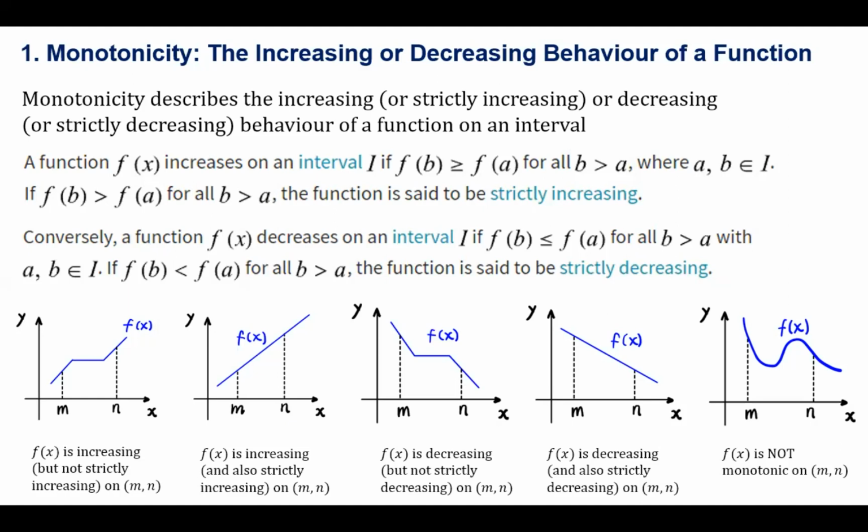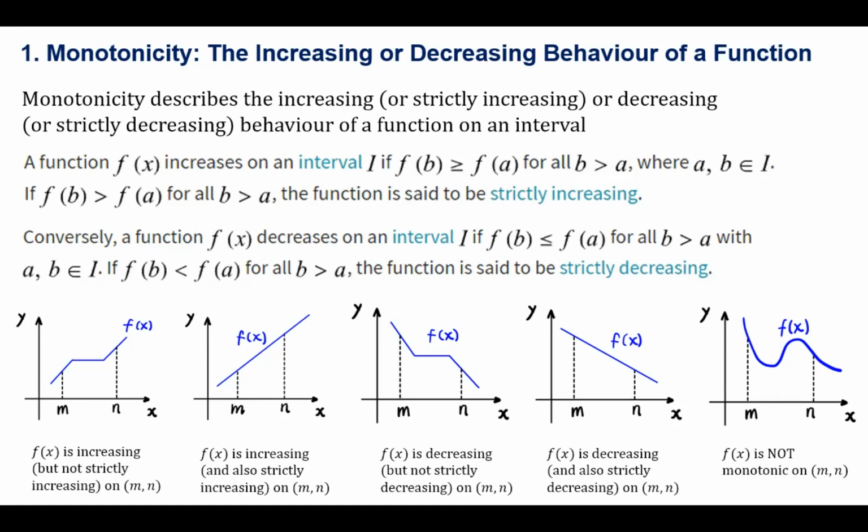That means it's neither increasing nor decreasing on this open interval m to n, right? Any questions? So this is the concept of increasing or decreasing behavior of a function on an open interval.